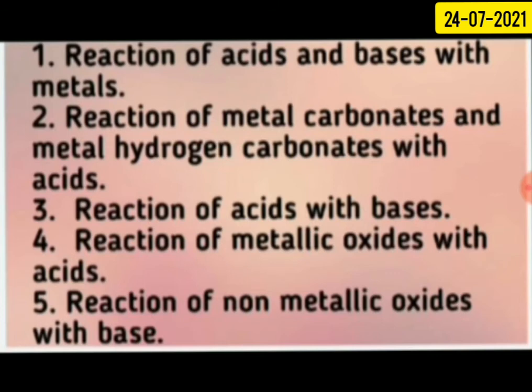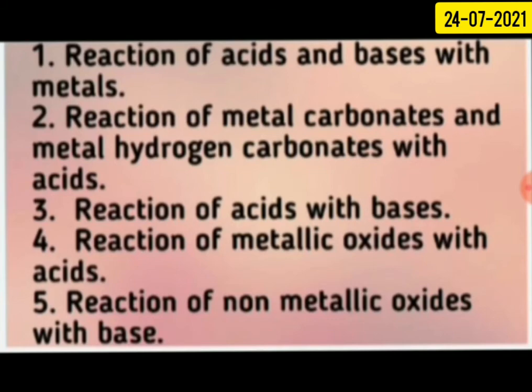Reaction of metal carbonates and metal hydrogen carbonates with acids. 3. Reaction of acids with bases. 4. Reaction of metallic oxides with acids. 5. Reaction of non-metallic oxides with bases.